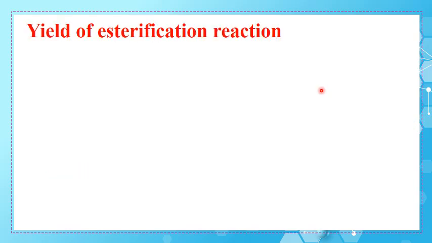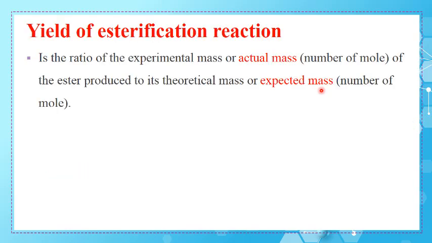Now, what about the yield of esterification reaction? Yield is not something specific for esterification, but for esterification there is something different from other examples. Yield in general, not only for esterification, is the ratio of the experimental mass, or the real mass, the actual mass obtained experimentally, or number of moles.